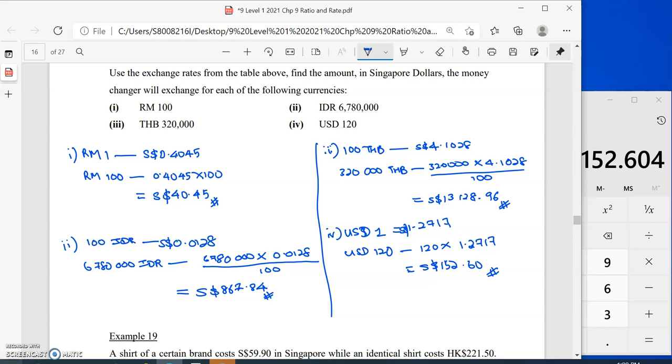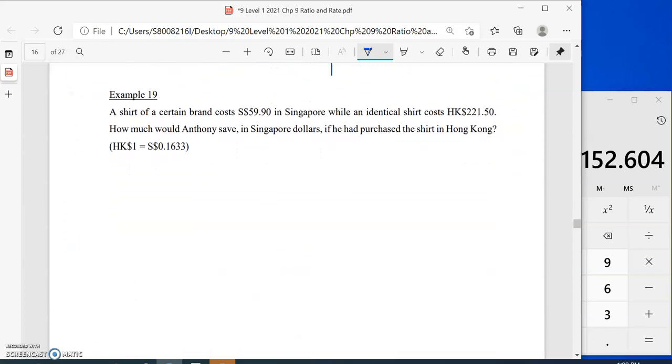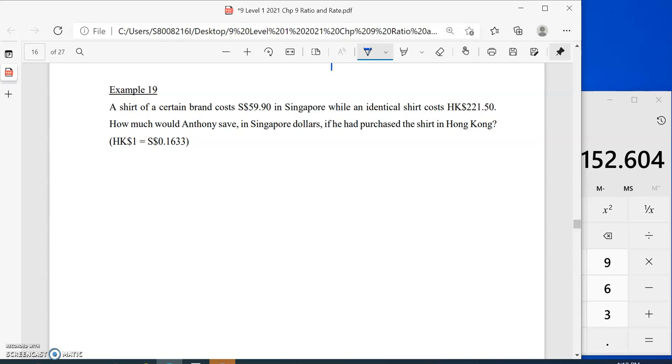After knowing how to do the conversion, let's see how we can apply the currency exchange onto real life application. An example, quite common. We go shopping, we found a shirt, especially when we travel. Some of the brands are sold in Singapore as well as overseas. So let's look at example 19. A shirt of a certain brand costs 59.90 Singapore dollars in Singapore, while an identical shirt costs Hong Kong dollars 221.50.